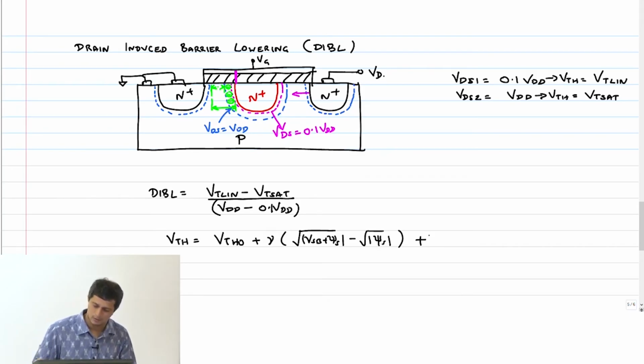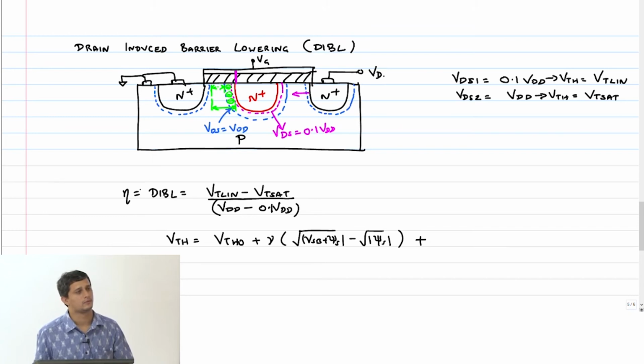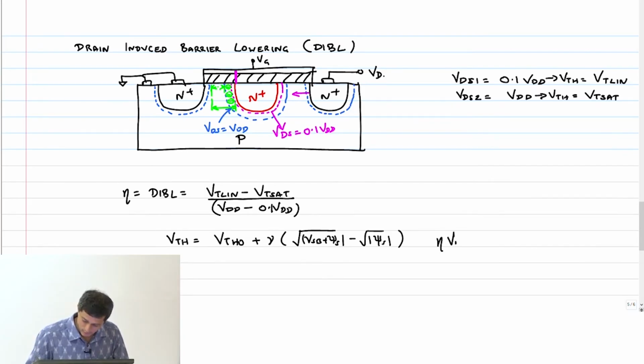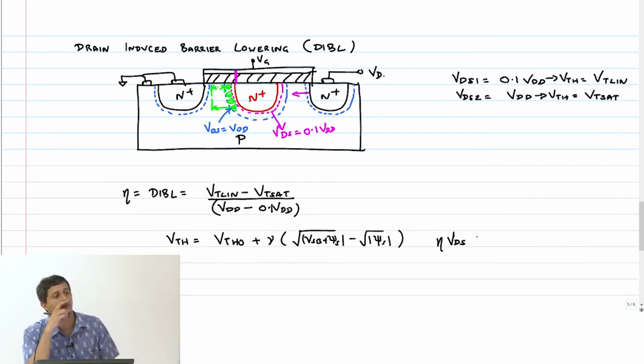What should happen now? Suppose I call this as eta. How should this thing change? Should it be plus, or we'll put the sign later, eta times VDS? Ultimately it's a VDS.